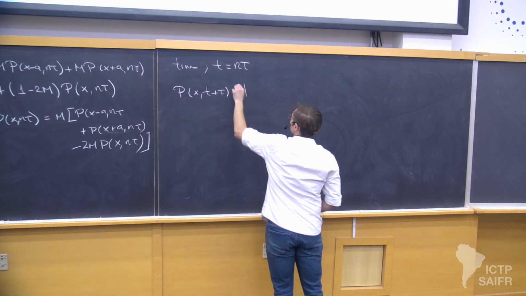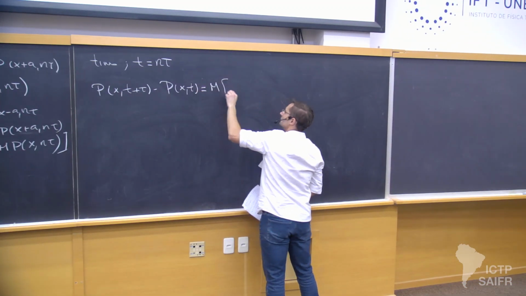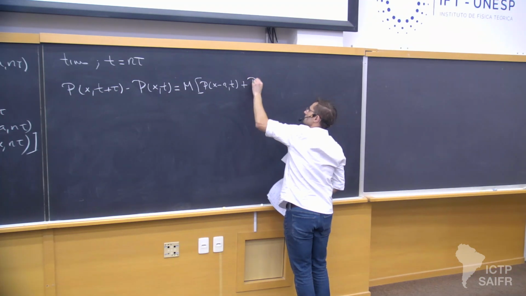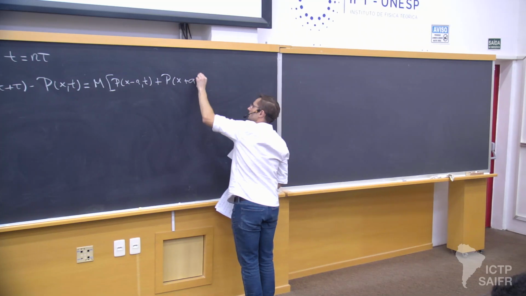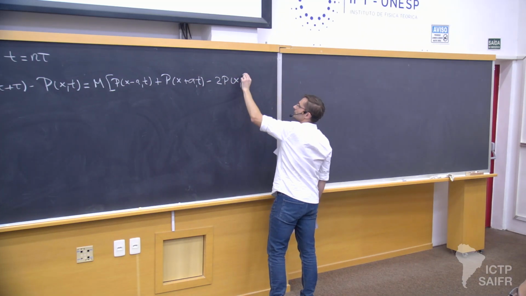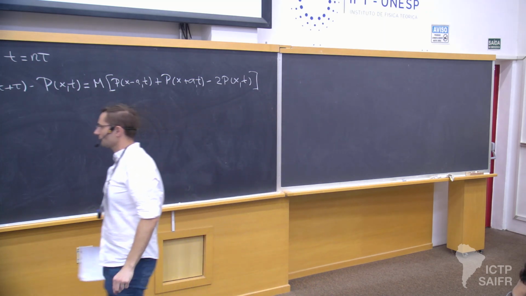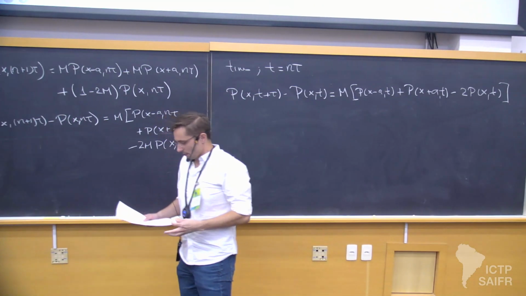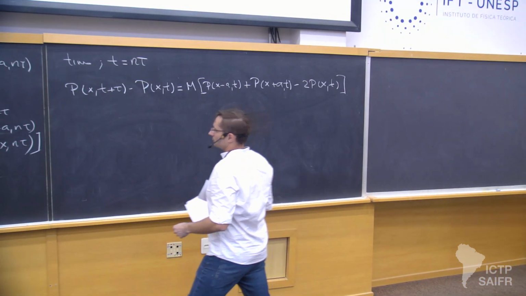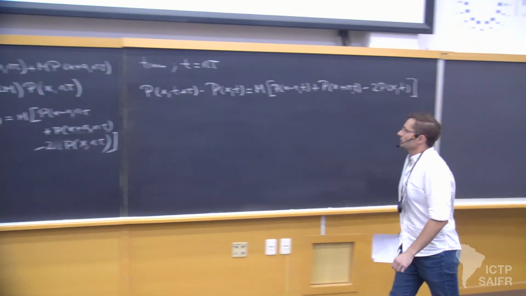Let's rewrite everything: p(x, t plus τ) minus p(x, t) is equal to M times [p(x minus a, t) plus p(x plus a, t) minus 2 p(x, t)]. The M is outside. Yes, thank you.